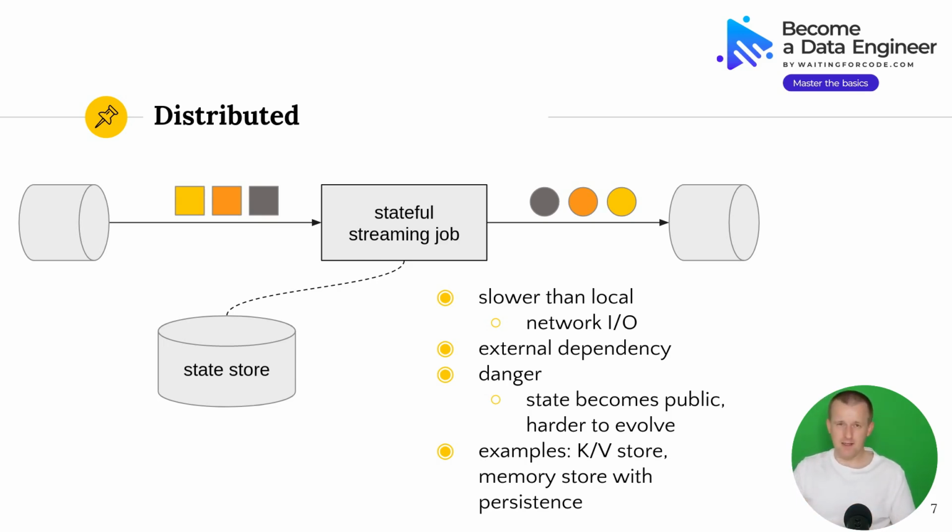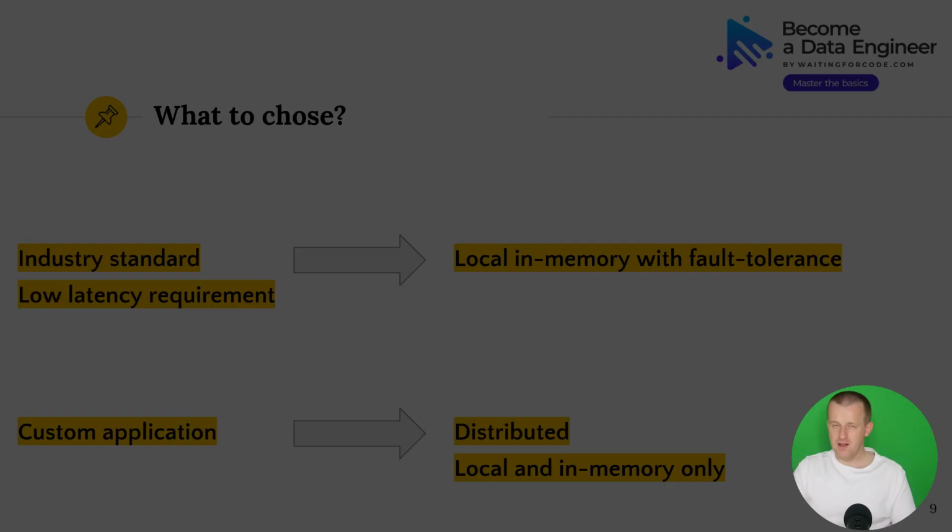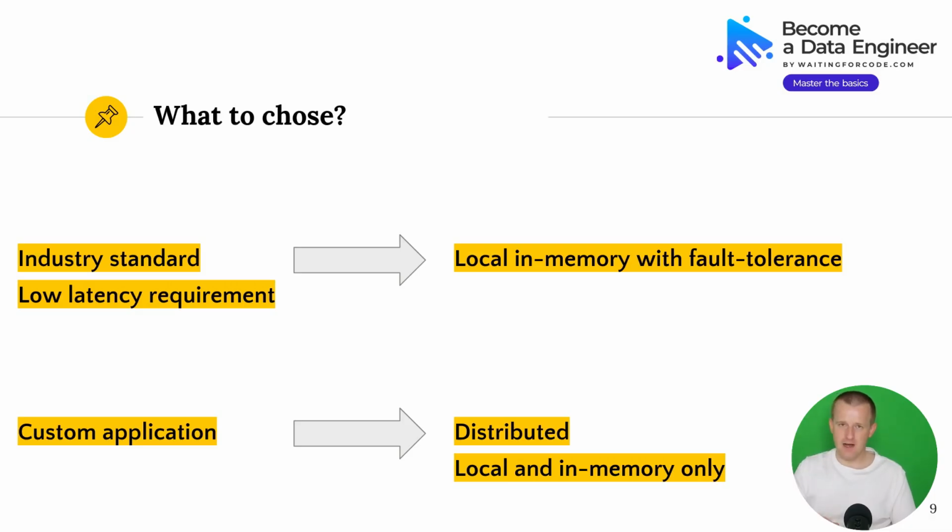And now I think the question you're asking yourself is, which one is the best one? Unfortunately, there is no single answer, but I would like to give you some hints on what to choose. The industry standard, I mean the implementation in Apache Flink and Apache Spark Structured Streaming, which are two leading streaming frameworks at this time, is in-memory access with fault tolerance.